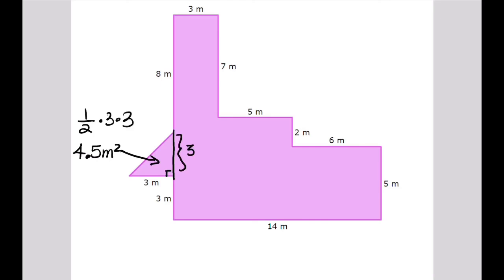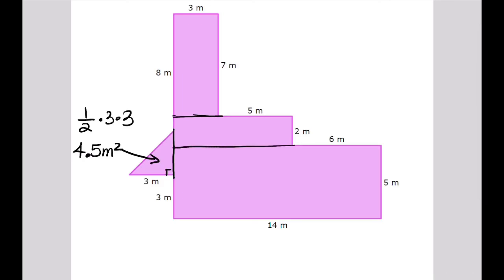All right, and now I'm just going to break up all these rectangles. I don't care how you do it. If I focus on this top rectangle right there, I've got a couple different numbers to contend with. I've got 3 times 8, or is it going to be 3 times 7?